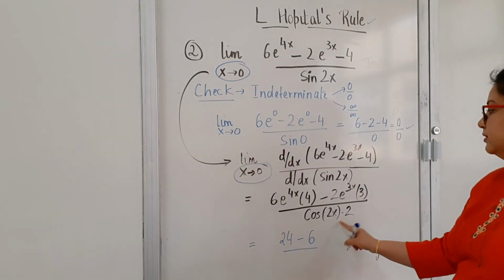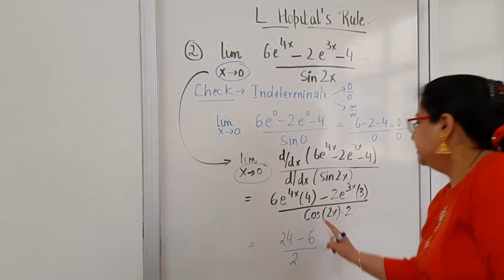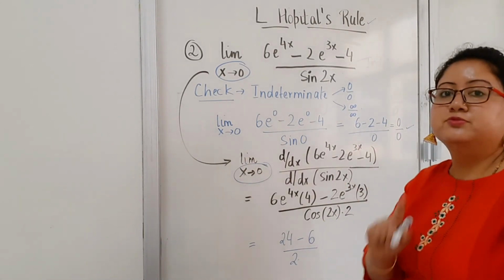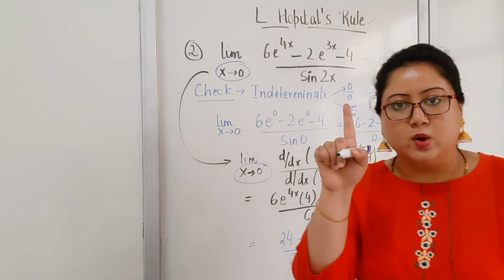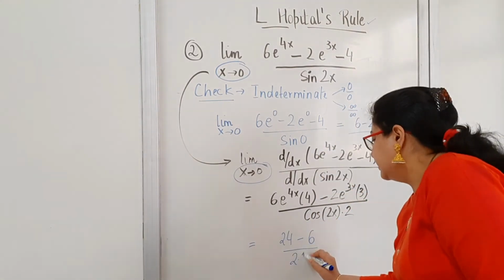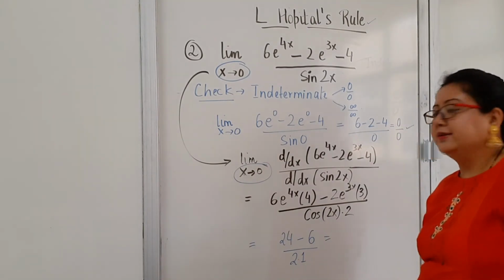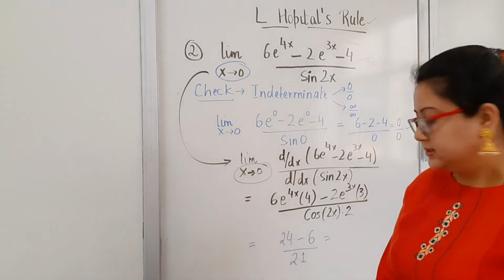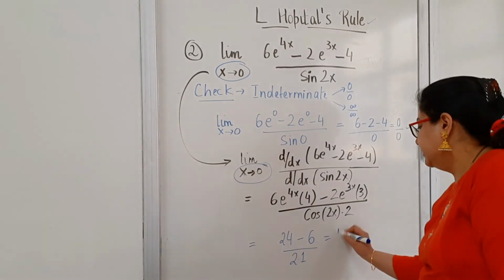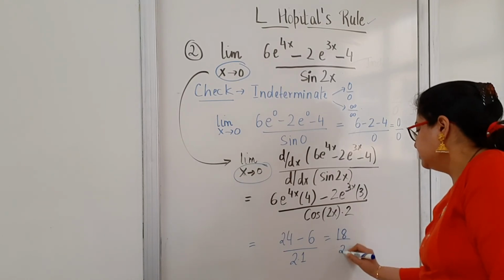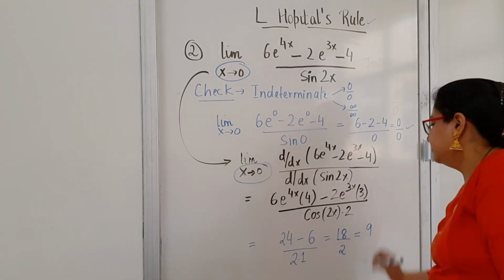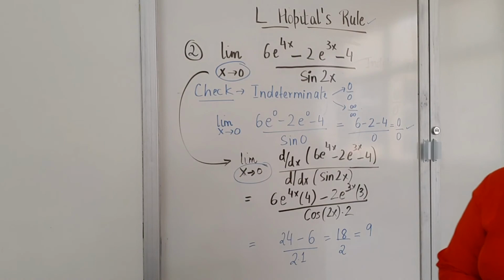In the denominator, you have a 2 and cos of 0. I hope you remember cos of 0 is 1. So just subtract now, 24 minus 6. That will come out to be 18 over 2. So your final answer for the limit for this question is 9.